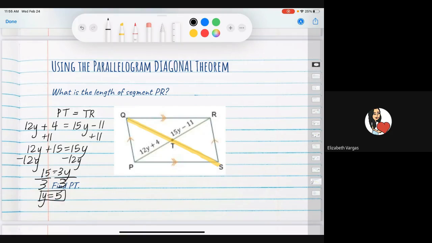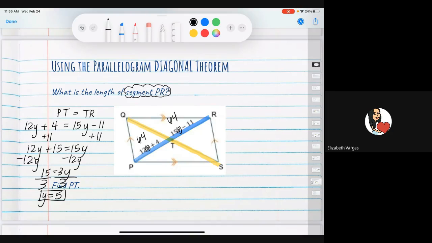Okay, now that I know y is equal to 5, I can plug it into these equations and solve for my halves. And when I do that, I find that they're equal to 64. But I'm looking for the entire length of PR. Well, the entire length of PR would be me adding those two together.